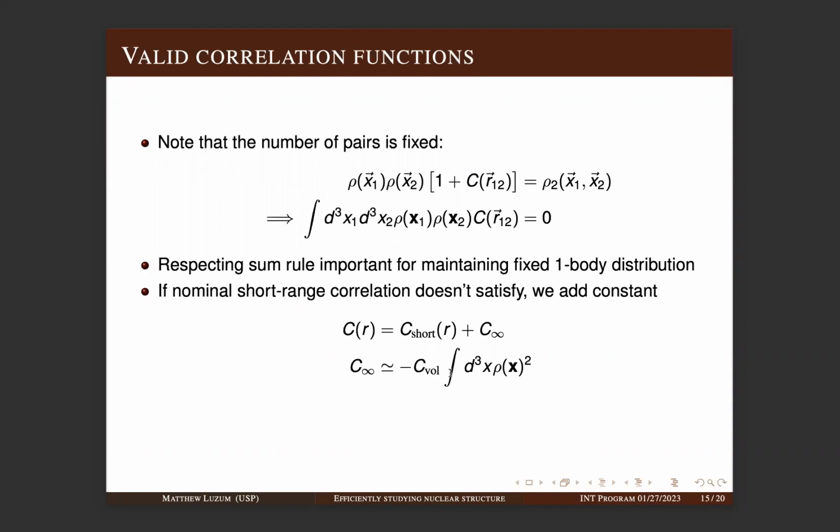If you just do the naive thing and say, I take all pairs and I'm always just moving them apart from each other, then you're expanding the edge of your nucleus, and you can see this. But if you make sure that this is satisfied, that fixes that.